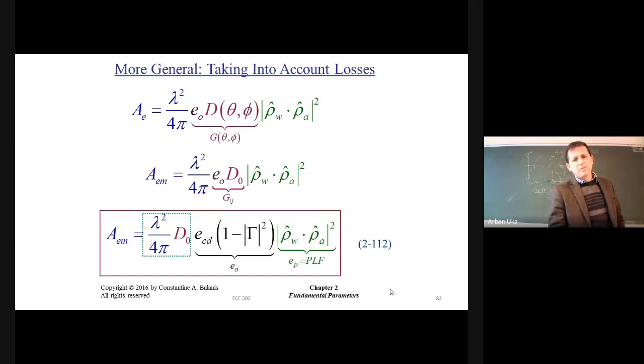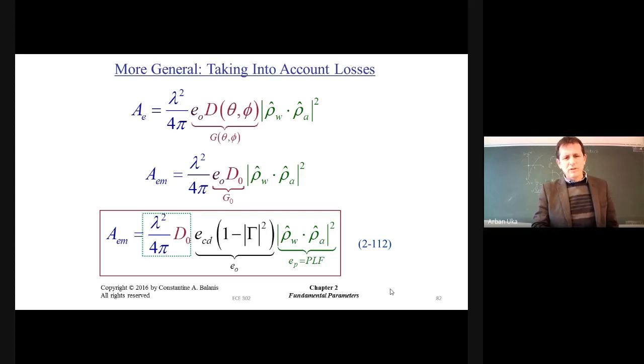Here we are going back once again to what all the possible losses can be in an antenna. So when we talk about the optimization or the design of an antenna, we have to consider every possible loss on this slide. The first component is the effective aperture, which is lambda squared times D0 divided by 4 pi. This is relevant because this is an area, since it's proportional to lambda squared.